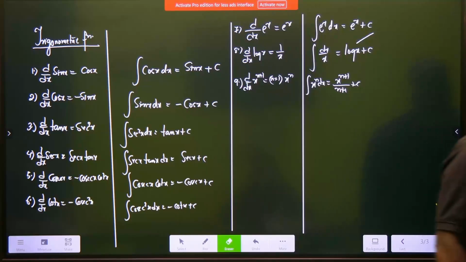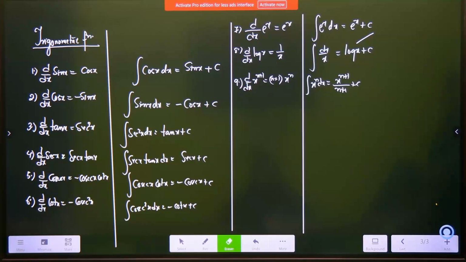So shall we start our exercises? They're very easy. They've given you a lot of formulas, but we will see one by one, slowly and softly.